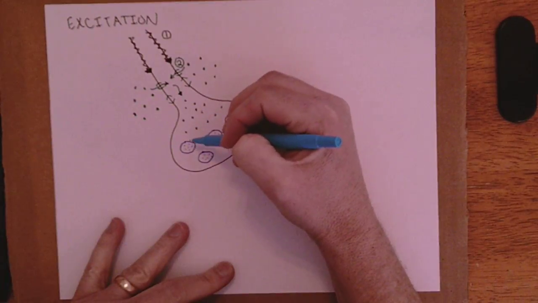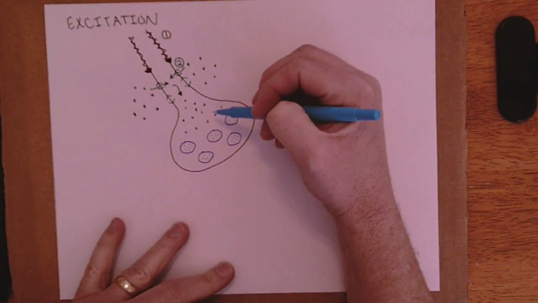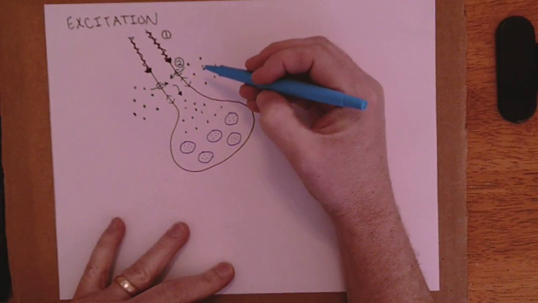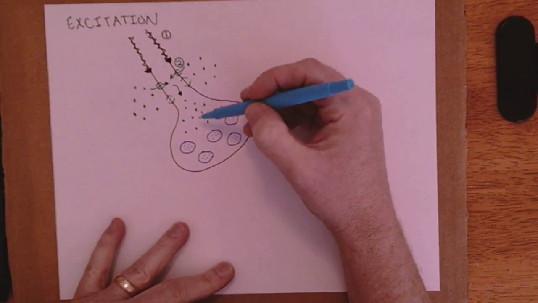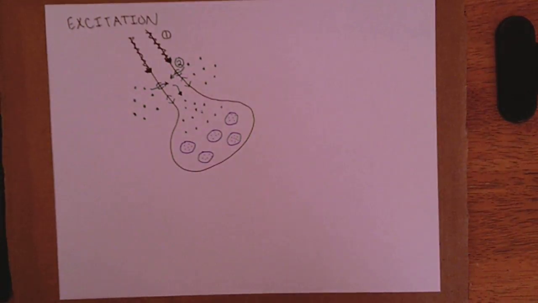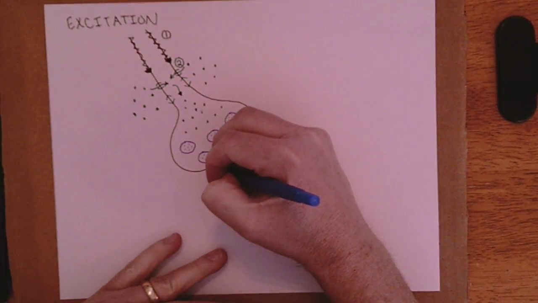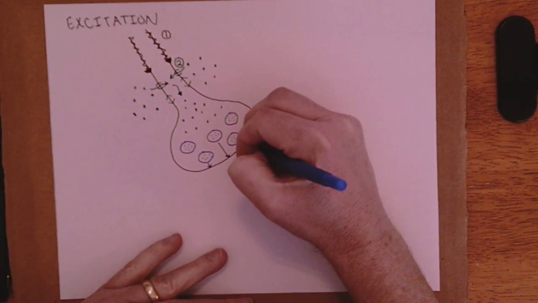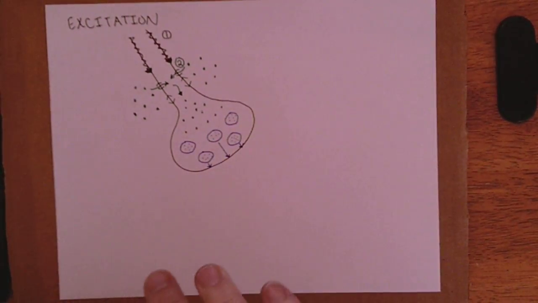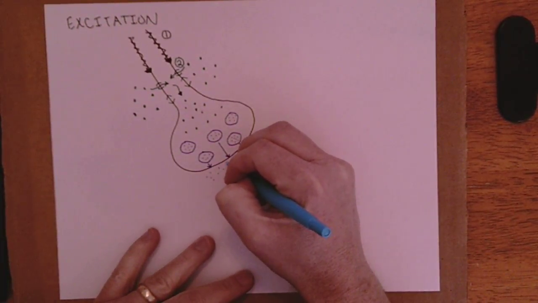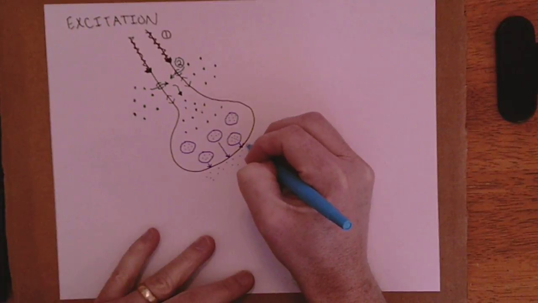When calcium ions are present in here, and remember normally they're not, the gates are normally closed, the pumps keep them out. But when they're triggered to come in and they reach the synaptic knob, that causes the synaptic vesicles to rush to the end of the motor neuron, of the synaptic knob here, and release their acetylcholine into the synaptic cleft.